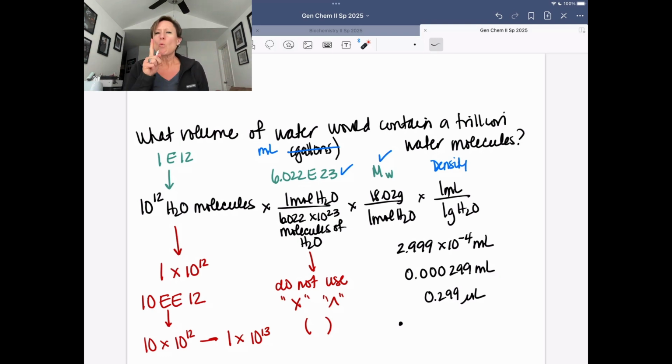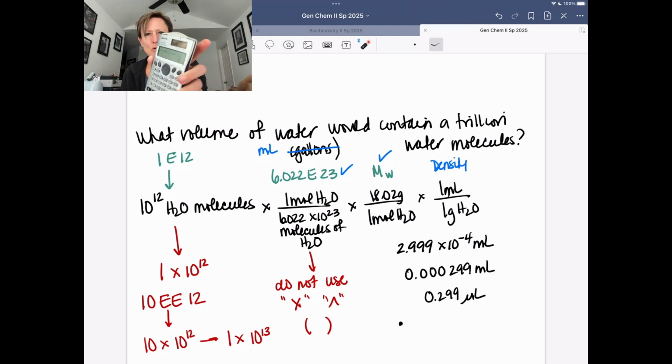But let me highlight what people are likely to get if they do not put this right into their calculator. Let's imagine that I did the 10 to the 12th right, and I'm going to use the bad way of doing it, using these caret symbols. What if I entered 10 to the 12th, that's 1 times 10 to the 12th, and then multiplied that by 18.02, and now I'm going to divide. I'm going to do this the wrong way: 6.022 times 10 caret 23.